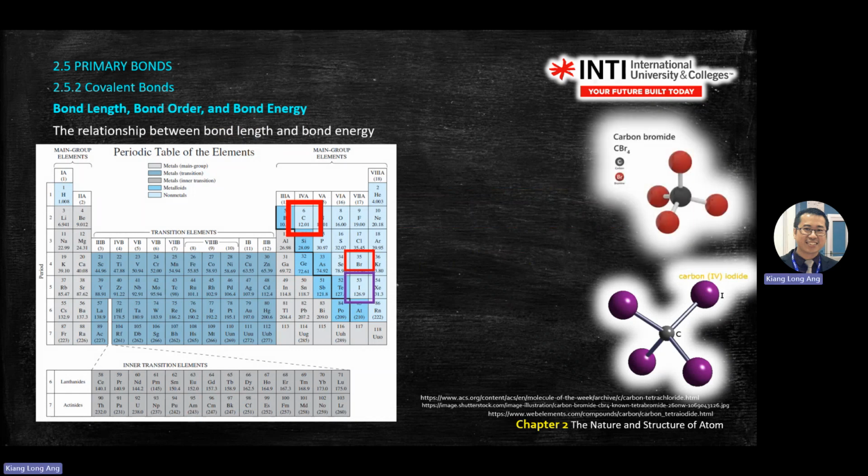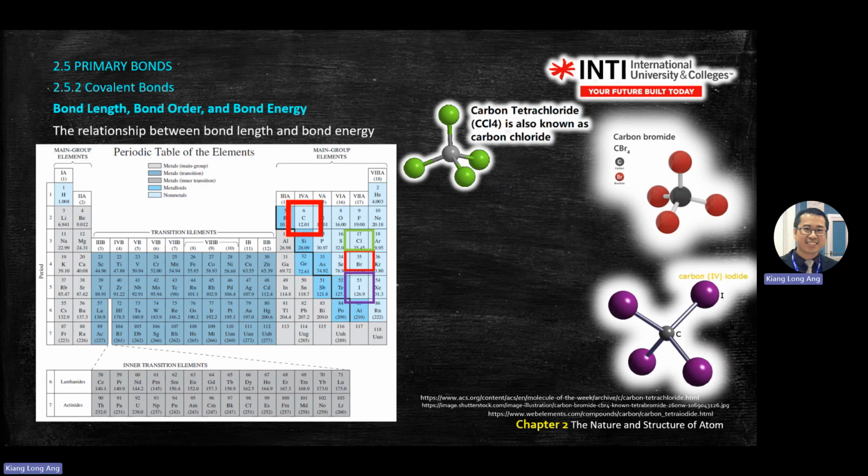Okay. So for example, carbon bromide, C plus Br, the first type, and the second one, carbon iodine, CI, and the third one is this one, CCl4, carbon chloride.